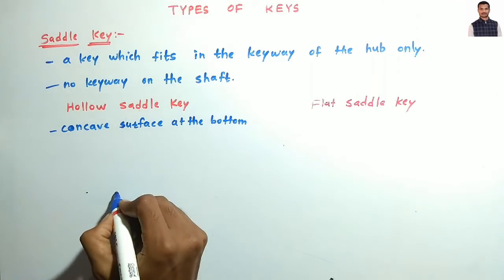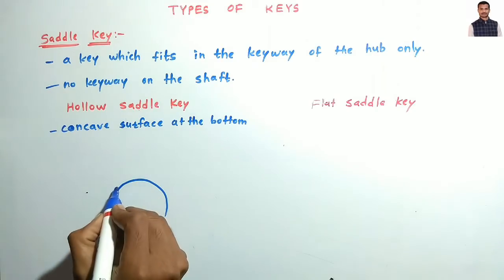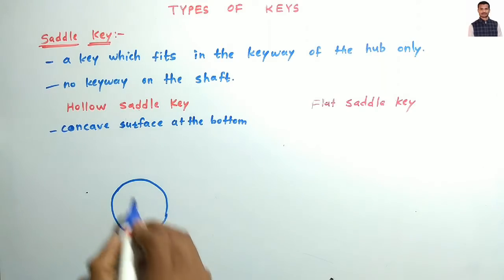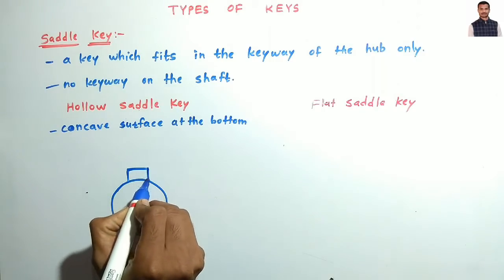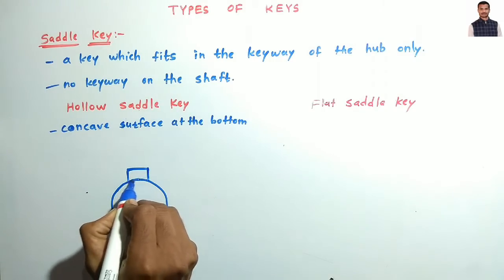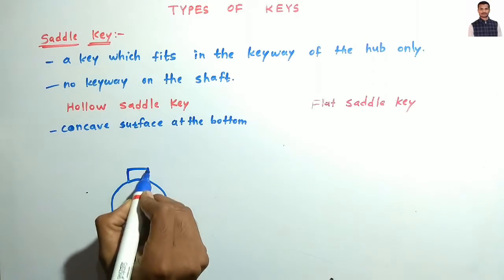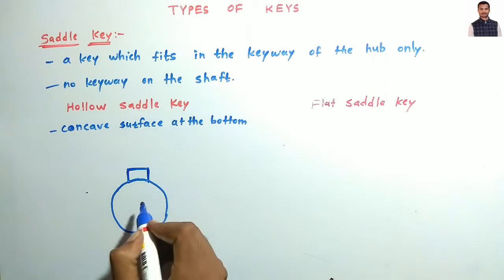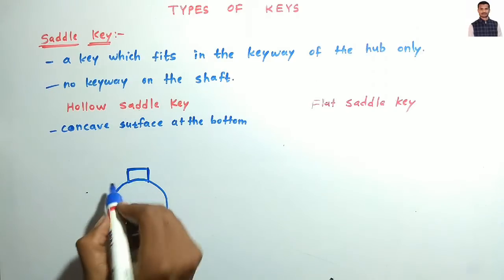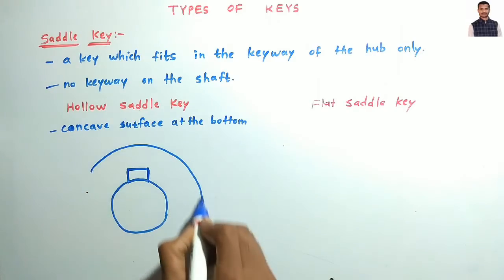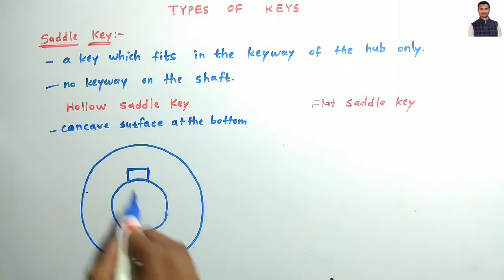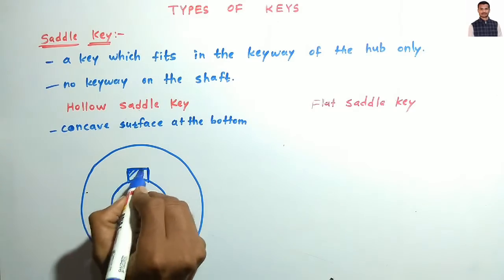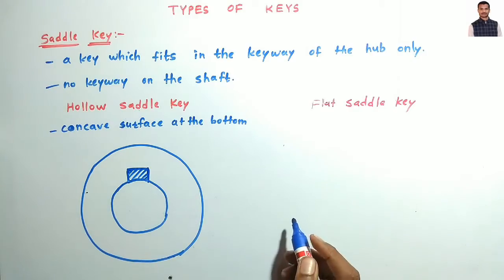So a saddle key looks like this. This is the saddle and this surface is concave to match the surface of the shaft. So this is the shaft, this is the key, and this hub is there. So there is a keyway only in the hub. So this is a saddle key.